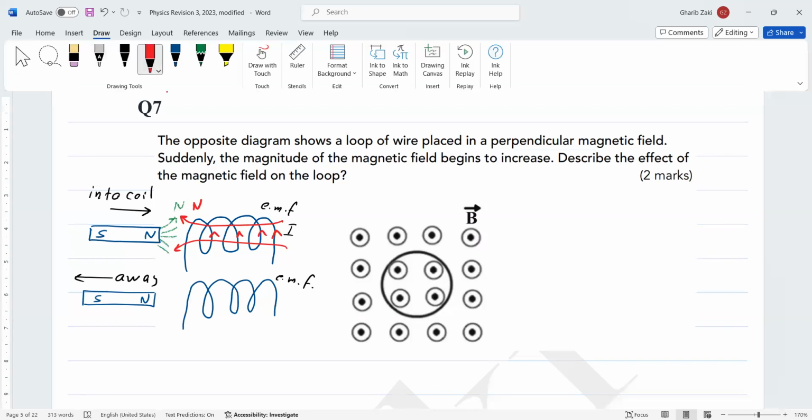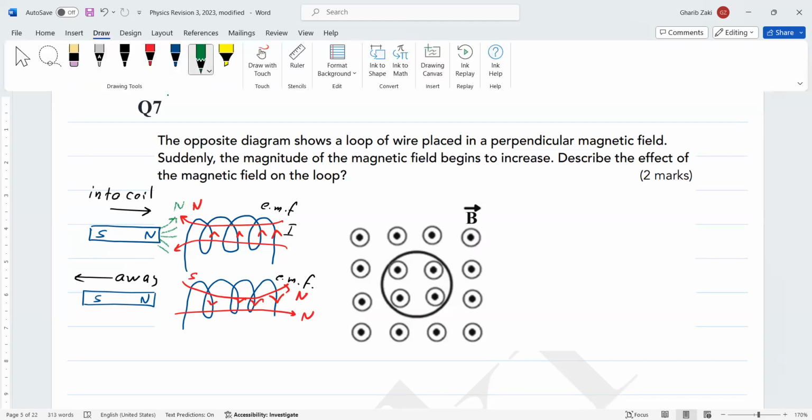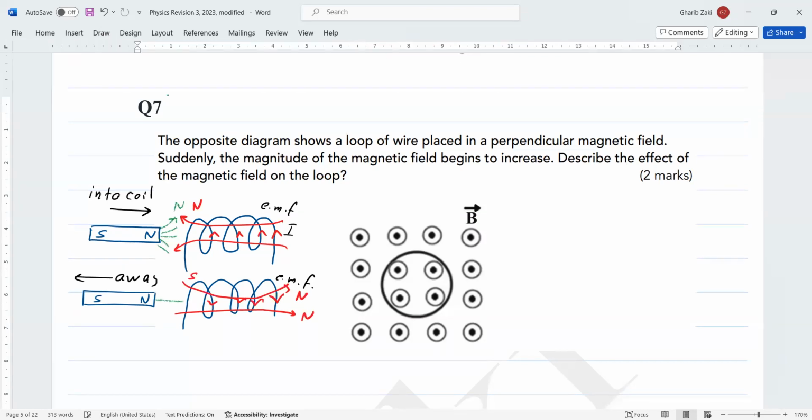Then we will get a current in the opposite direction to the first case. Then this is the north, and according to the right-hand grip, this is the south. But the permanent magnet has a permanent field. So always this north attracts. Okay? Now, let us see that question.